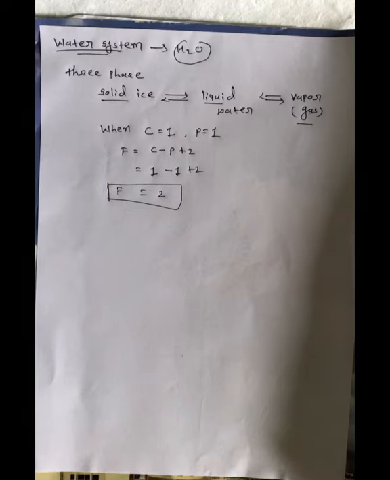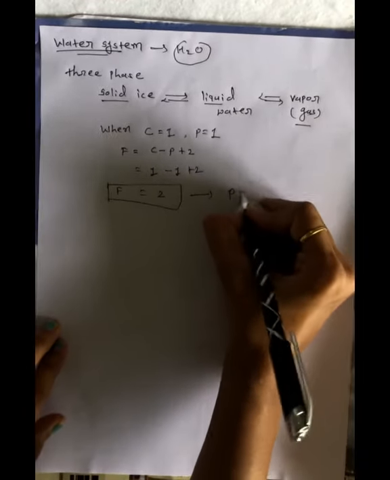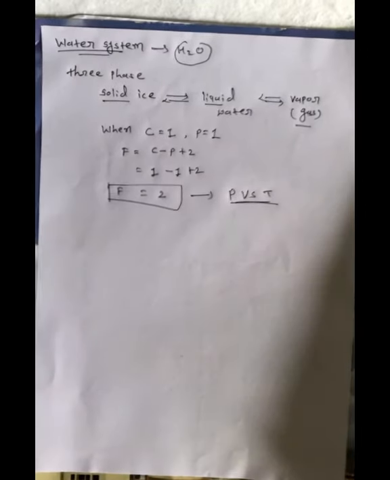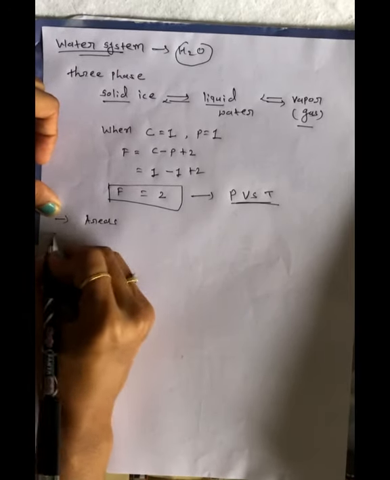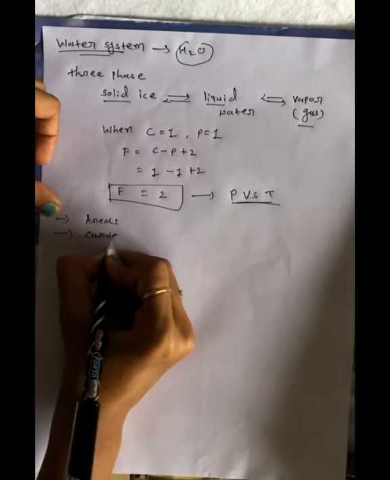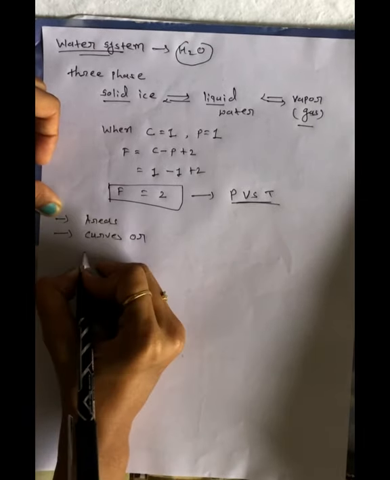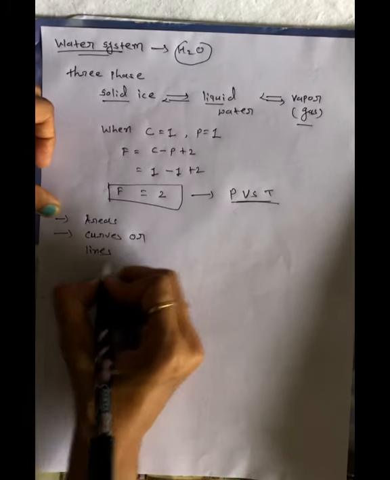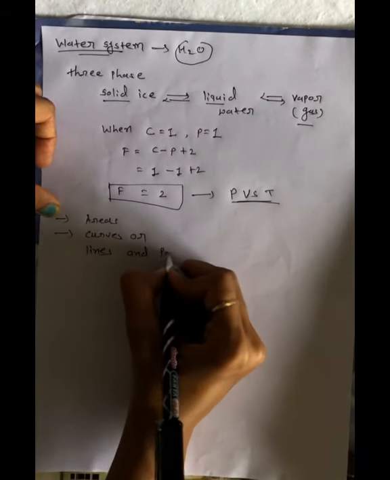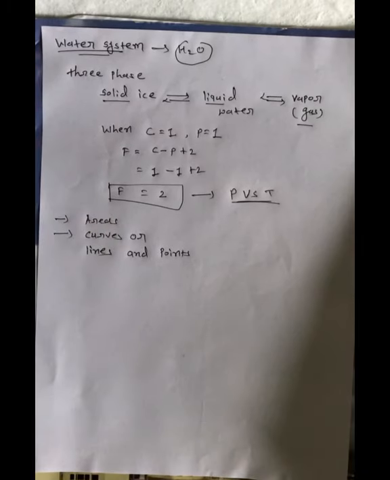The phase diagram for a one component system can be obtained by plotting pressure versus temperature. Understand? In a one component system, the phase diagram consists of areas, curves or lines, and points.